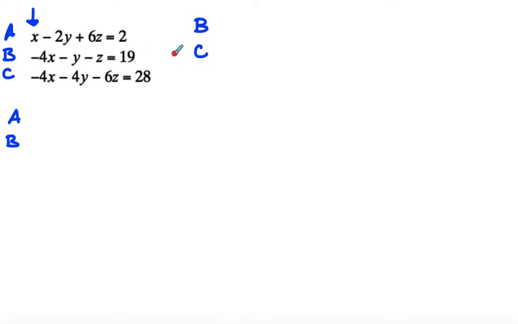So I'm going to multiply this C equation by negative 1 when I bring it over here. So it becomes positive 4x, positive 4y, positive 6z, and a negative 28. So I just took each of my values and multiplied them all by negative 1. Then I'm going to leave my B equation exactly how it was, no changes whatsoever.